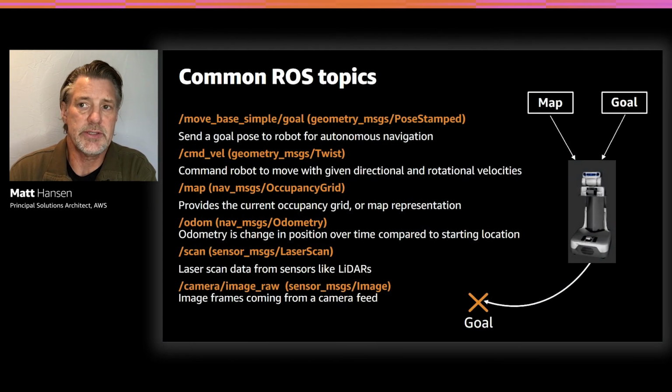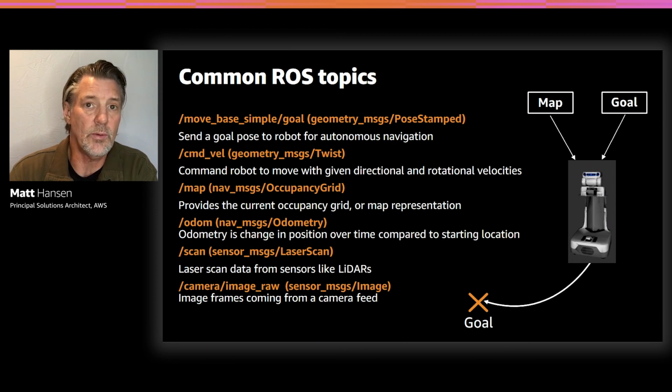So in order to standardize communication between nodes, ROS also provides standards for commonly used messages and topics. For example, if you want a robot to be able to move, two of the messages you'd want to send it are a map and a goal.